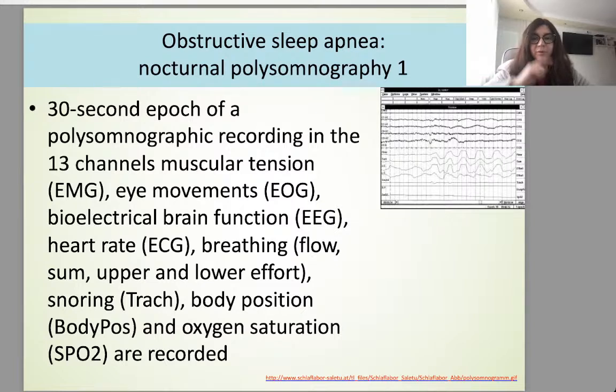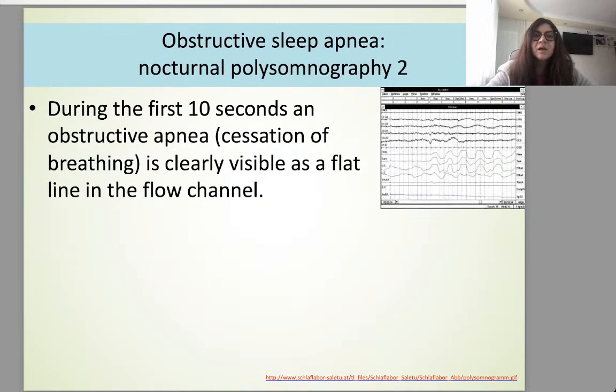All these parameters are drawn like a graph on this result. During the first 10 seconds, an obstructive sleep apnea, cessation of breathing, is clearly visible as a flat line in the flow channel.